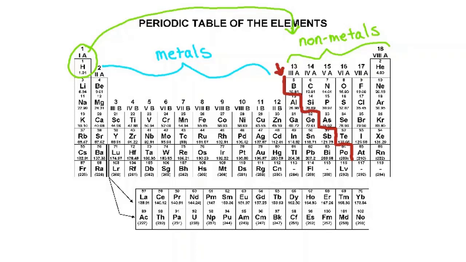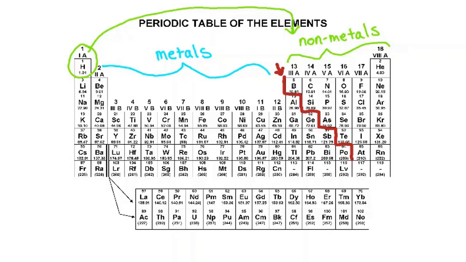So hydrogen is the one exception, but except for that, everything on the right side of the staircase separation is going to be nonmetals. Everything on the left are going to be metallic elements.